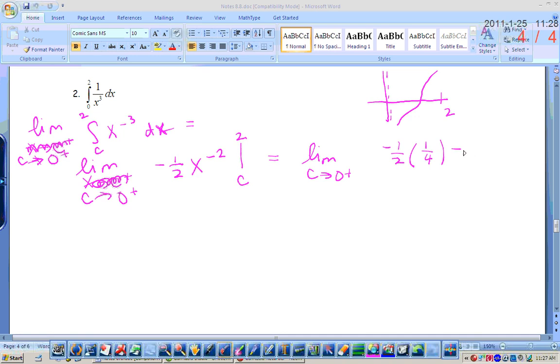Minus negative 1/2 c to the negative 2, or plus 1/2 c to the negative 2, or I could bring that c down to the bottom. Negative 1/2 times negative 1/4 is negative 1/8.